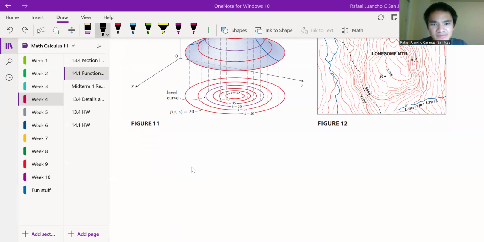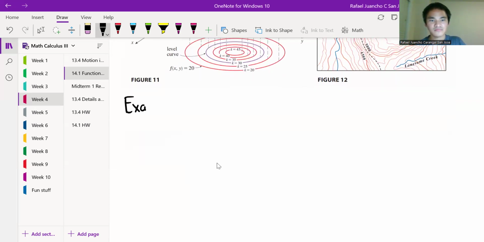Okay, what else? There's a lot more about contour maps. I'm not gonna dive into it. Okay, let's look at an example here. Can I go immediately to it? I'm just gonna use it to make a rough sketch. Oh, that's funny. So I wanna sketch the level curves.